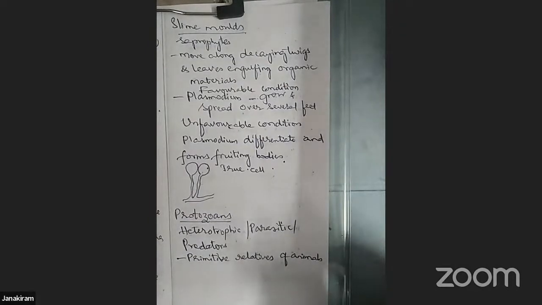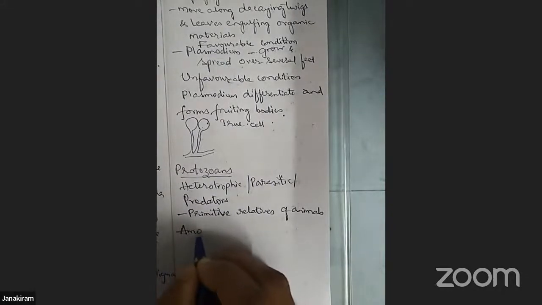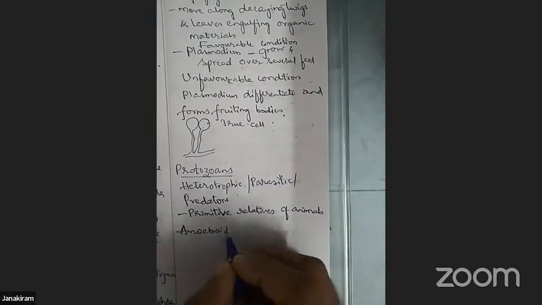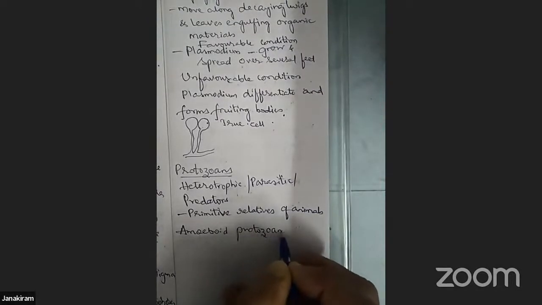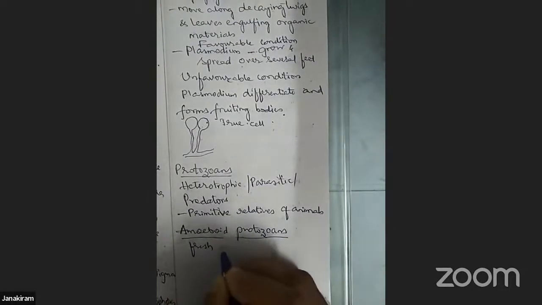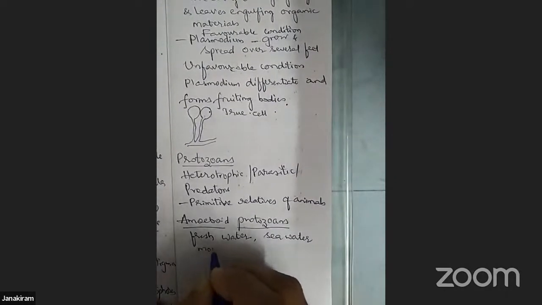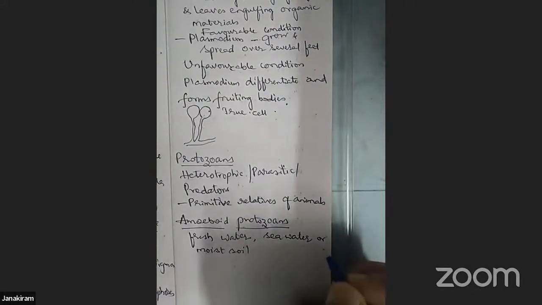And there are 4 major groups of protozoans, starting with the amoeboid protozoans. So these protozoans generally live in fresh water, seawater, or they may grow on moist soil also.